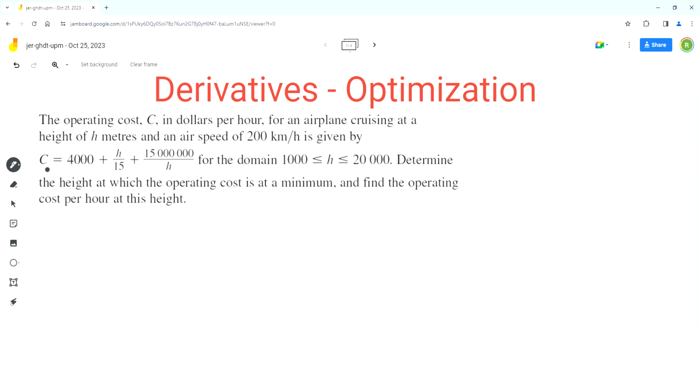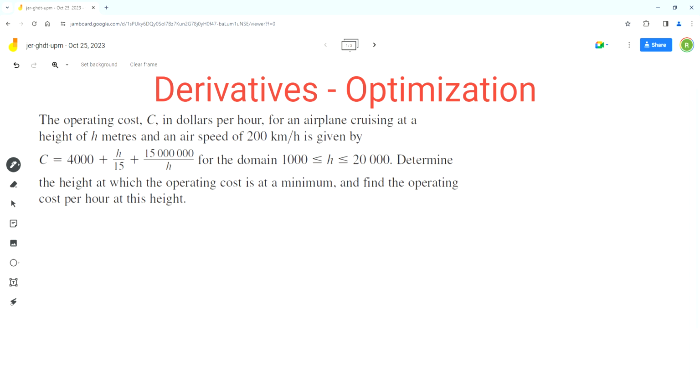So the first step is to find the derivative of the C function and then set it equal to 0, because the derivative represents the slope of the tangent to this function. Now in order to find the derivative of this function, we should move the h term that's in the denominator to the numerator, because that will make finding the derivative easier.